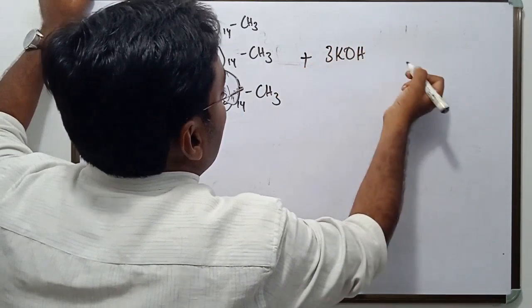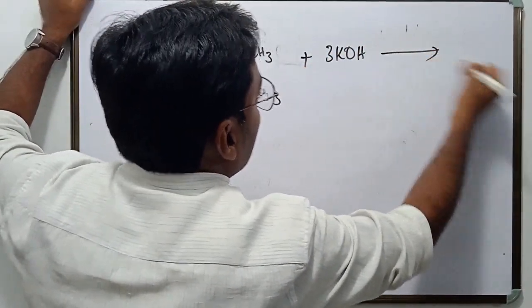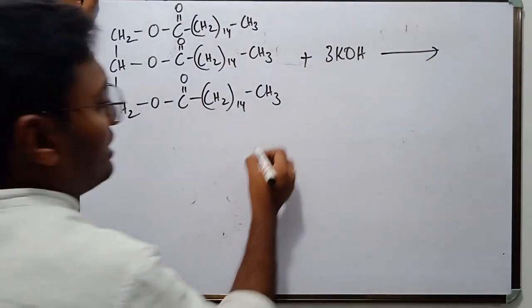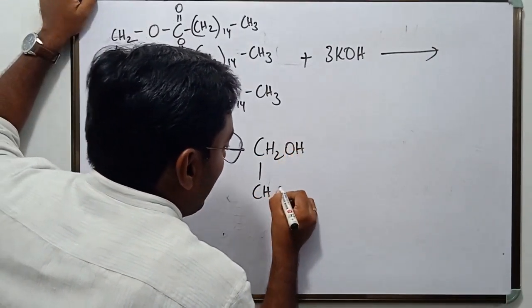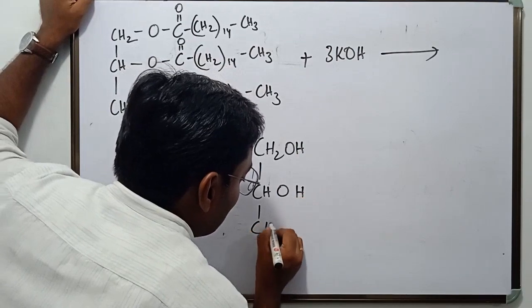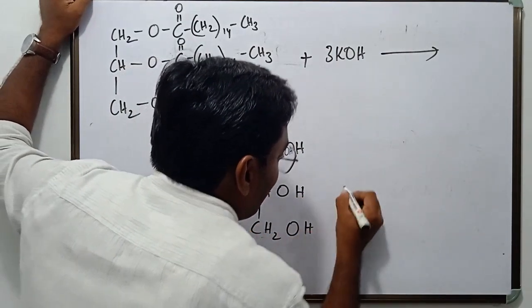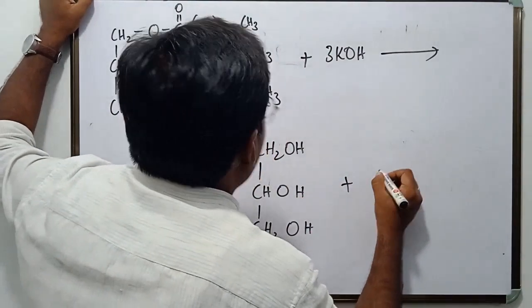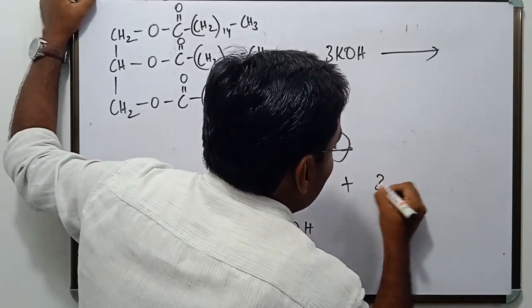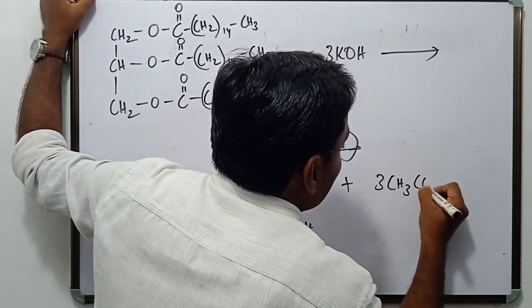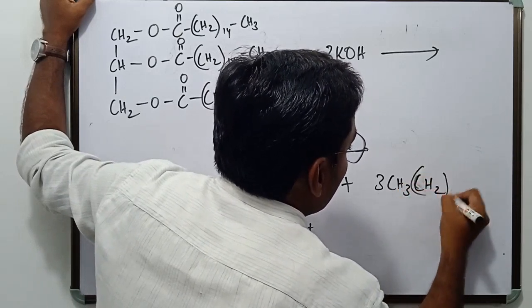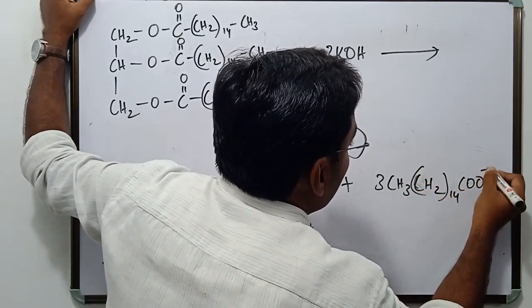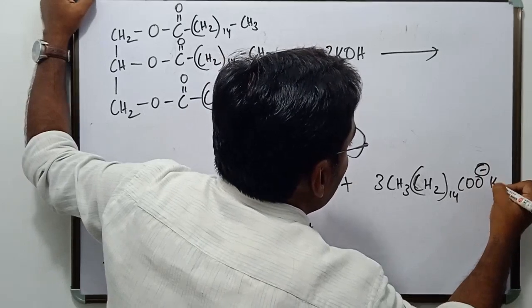This is ethanolic KOH. Let me go for saponification. What will I get? Of course, you know that I will get the constituent alcohol because it is an ester, and I will get a constituent acid salt: 3 CH3 (CH2)14 COO minus K plus.